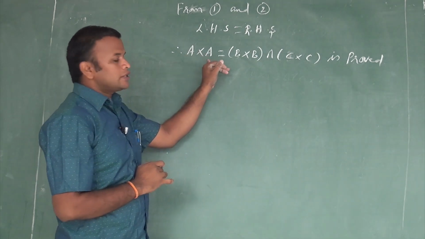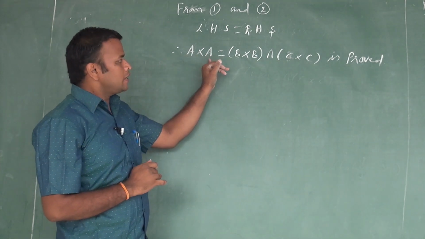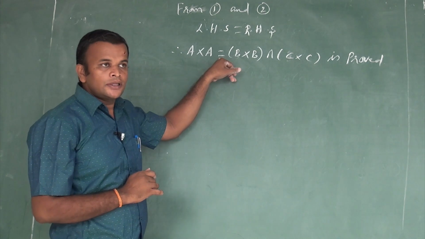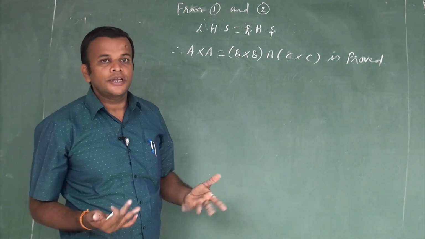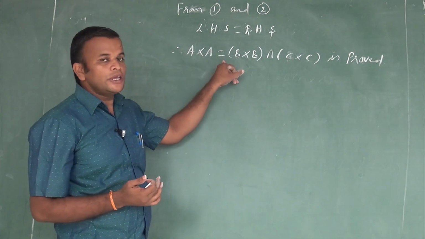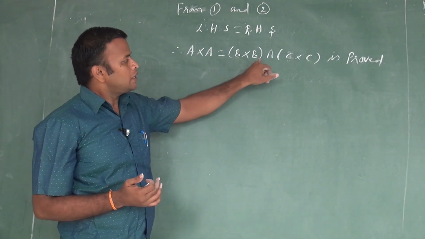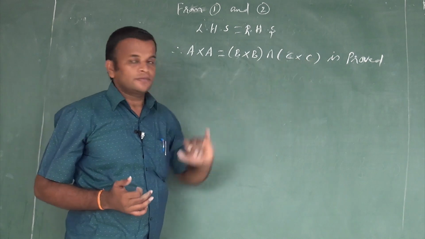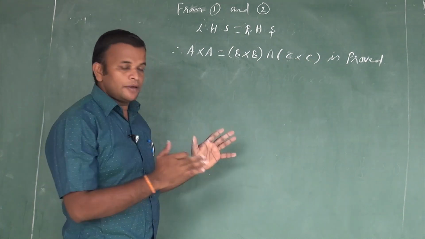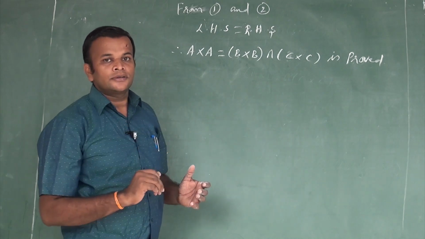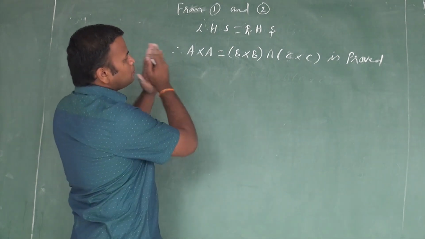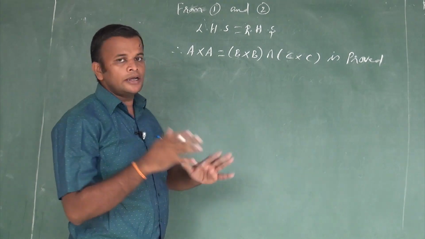Therefore, A cross A is equal to B cross B intersection C cross C, proved. All elements are the same, with the equal number of ordered pairs. Then only we come to the conclusion that LHS and RHS both are equal.